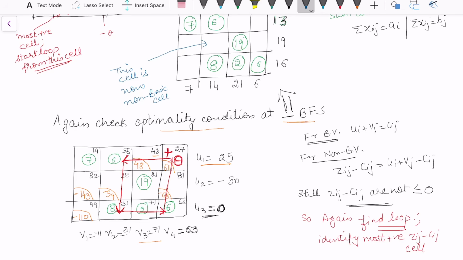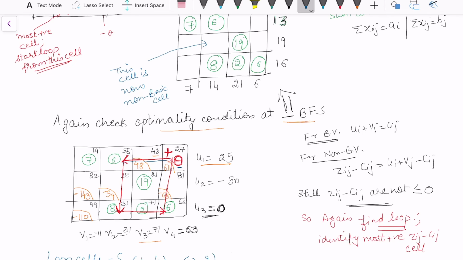For example, I am writing the positions of the loop cells. The first loop cell I have constructed is this one, so this was 1,4. Then my loop cell is this one, where I've come back in this direction, so you can take this as 1,2.